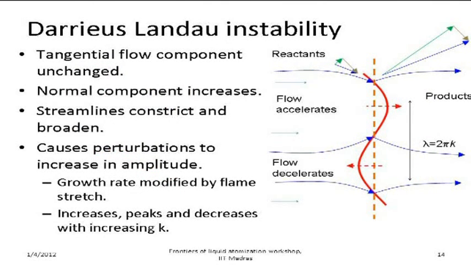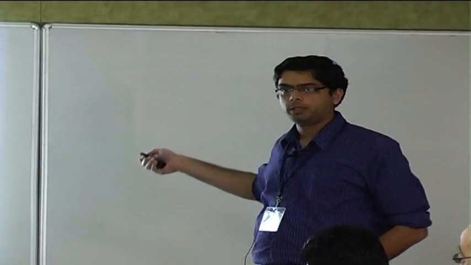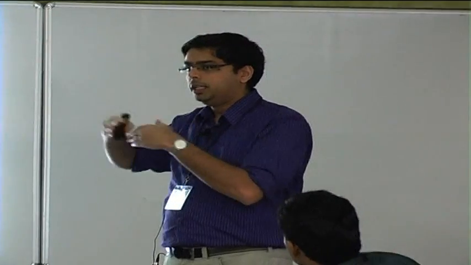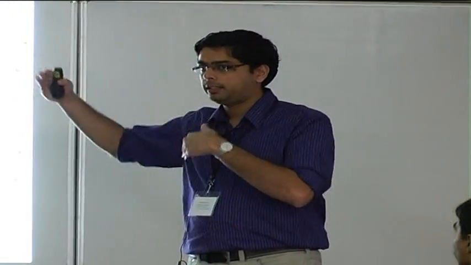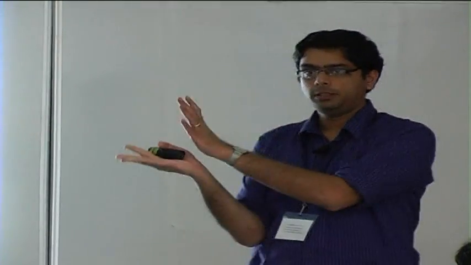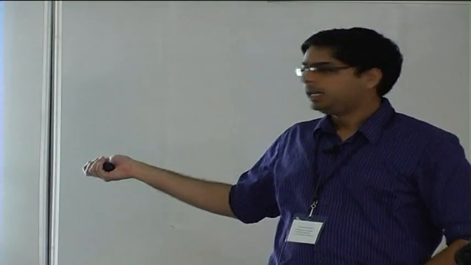Now, just to remind everybody what this is, this happens because you have gas expansion at the flame surface. So if this blue vector represents the flow velocity going through the flame, and this green vector represents the normal component, we know that to leading order, the normal component accelerates, whereas the tangential component just goes through unchanged. So because of that, your streamlines distort in this fashion.